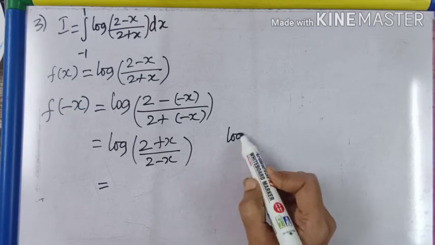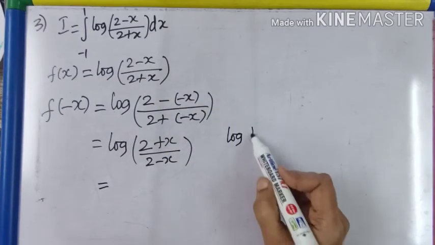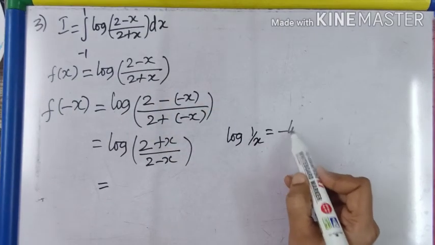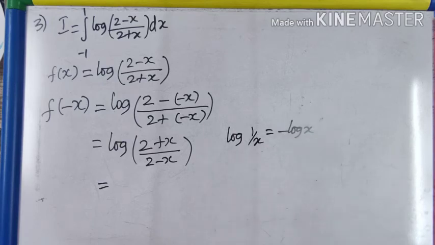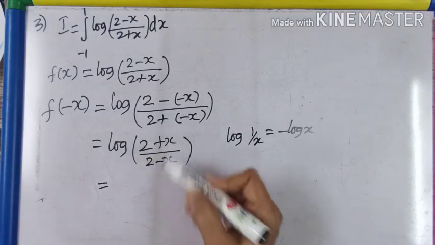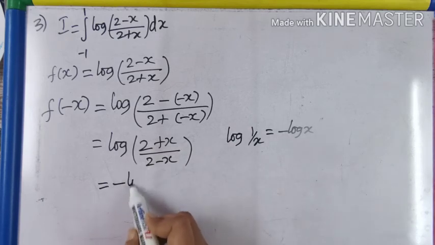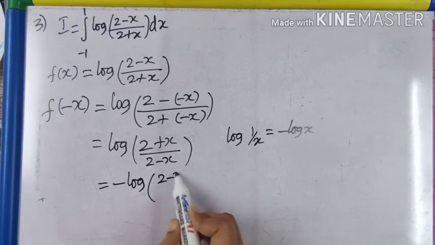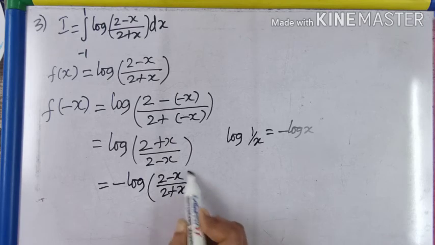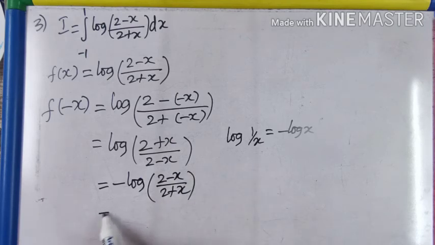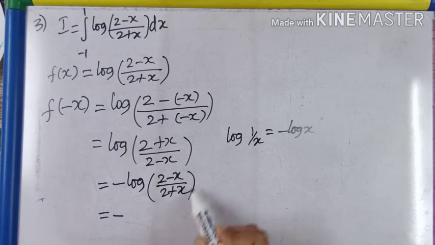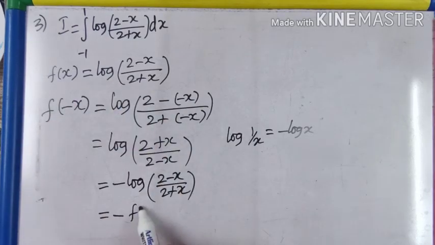And you remember, when they are reciprocals, log of 1 by x is nothing but minus log x. So when I want to write the reciprocal, put what symbol? Minus. Minus log of (2 minus x) by (2 plus x). So this is minus, and this full thing I call f of x.